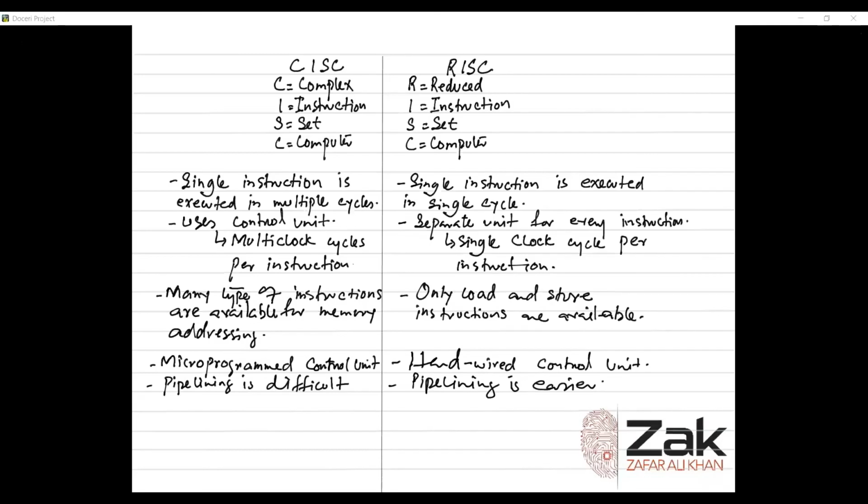All right. And then uses control unit. I did explain that CISC has got a control unit that does multi-clock cycles per instruction to complete the execution of the program. Whereas in RISC, there is a separate unit for every instruction, and a single clock cycle per instruction is used. And many types of instructions are available for memory addressing.